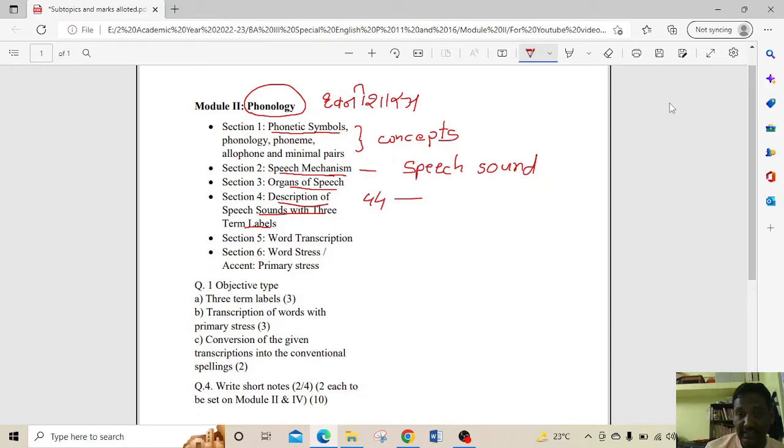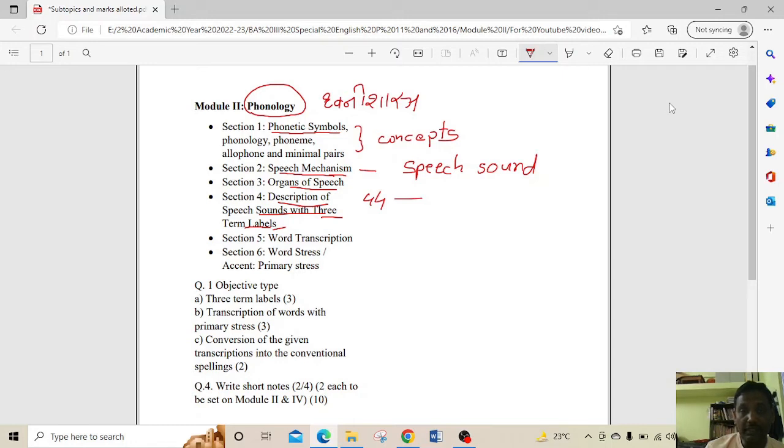These are the classification of these 44 speech sounds. In these 3 classifications also, we make subclasses. These classes we are going to see, and they are called 3 term labels.